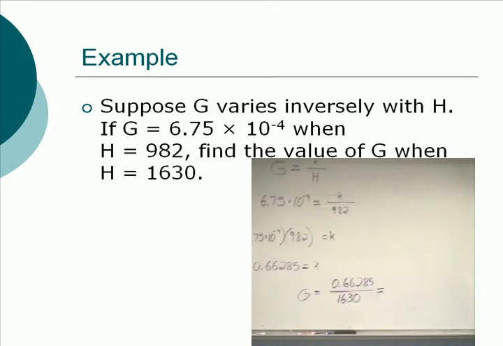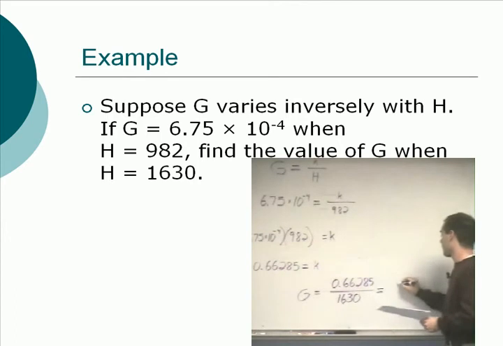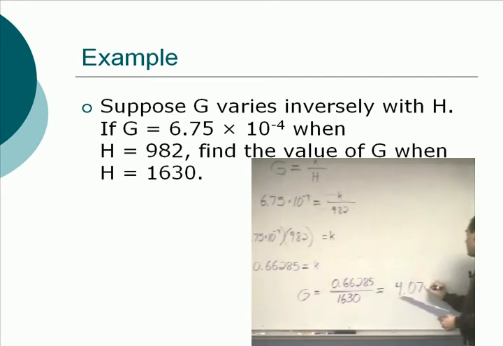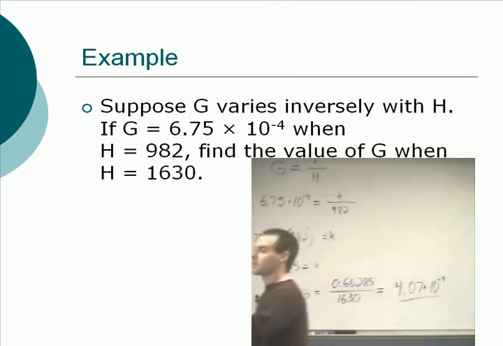What does G turn out to be here? 4.07 times 10 to the negative fourth, and we found G. Here again, H went up. It went from 982 to 1630. What happened to G? It went down from 6.75 times 10 to the negative fourth down to 4.07 times 10 to the negative fourth. Inversely related.